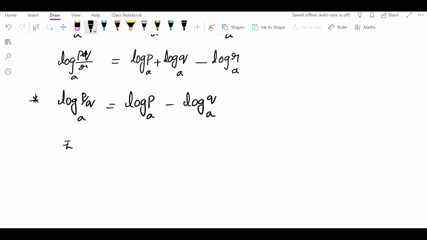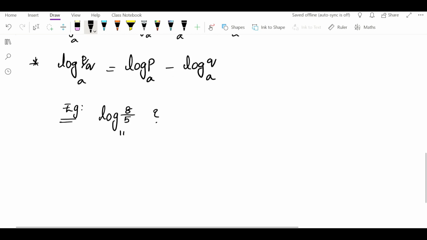I will explain one more example. What is the value of log 8 by 5 base 11?